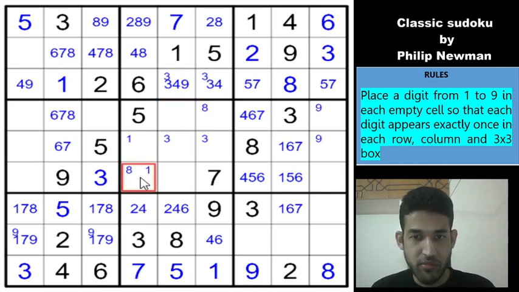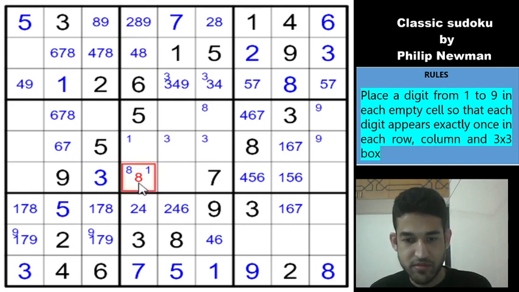So I'll show you in a better way. If you have the 8 here, this quickly becomes a 4. I'll use the corner pencil mark. This quickly becomes the 4. Okay, I have the corner pencil mark here and the center here. So let me just use the center one.